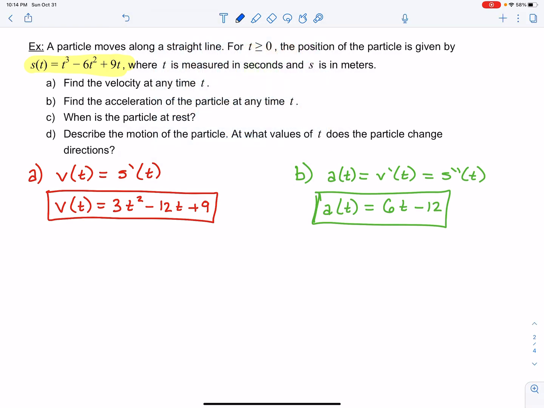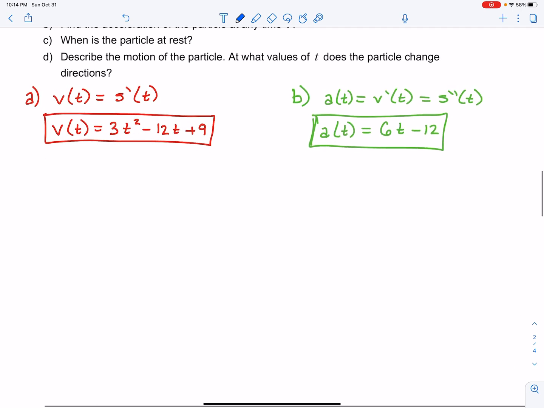So then we want to know when the particle is at rest, which is a little bit trickier because then we need to think about it. Well, we know that the particle is going to be at rest when its velocity is 0.